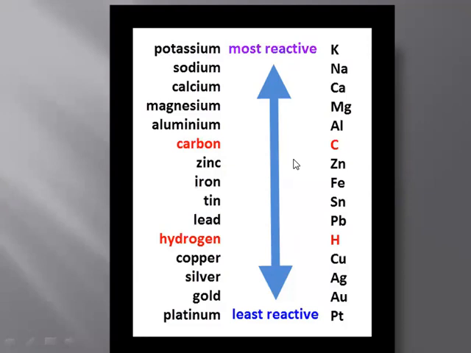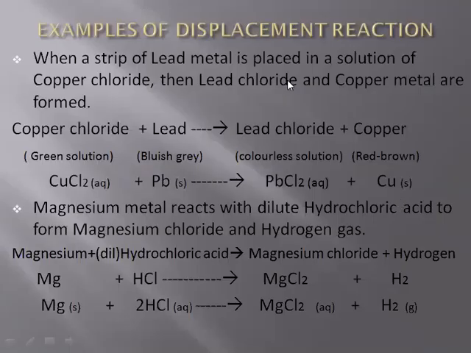This series also shows the presence of carbon and hydrogen, the nonmetals in it, as these two nonmetals show substitution or replacement reactions. A few examples of displacement reactions: when a strip of lead metal is placed in a solution of copper chloride, lead chloride and copper metal are formed.